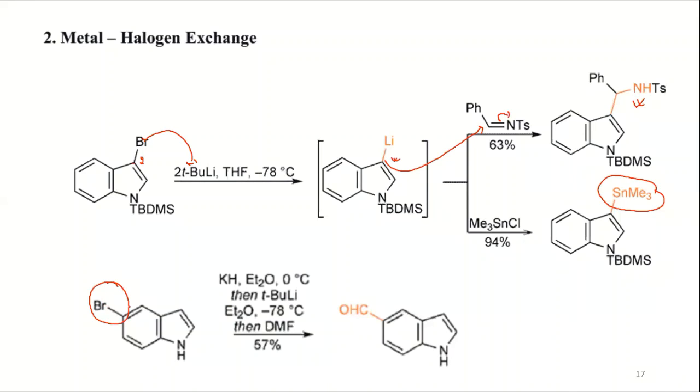With butyl lithium you have lithiation, and then you can incorporate a particular group, for example formylation. DMF is used here as the formylating reagent because you have NMe2. The lithiated carbon can attack here and NMe2 will come out, so you have CHO group incorporation.